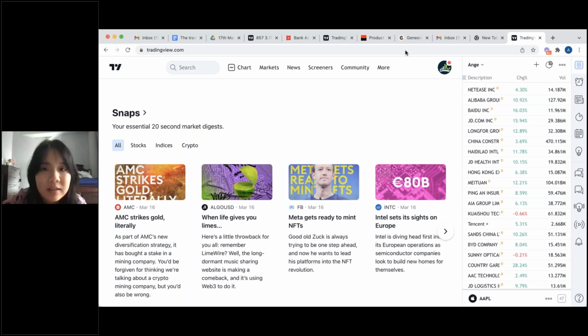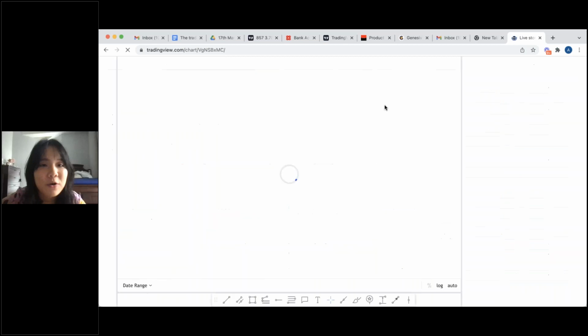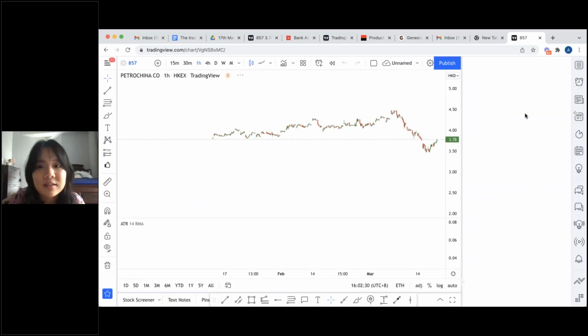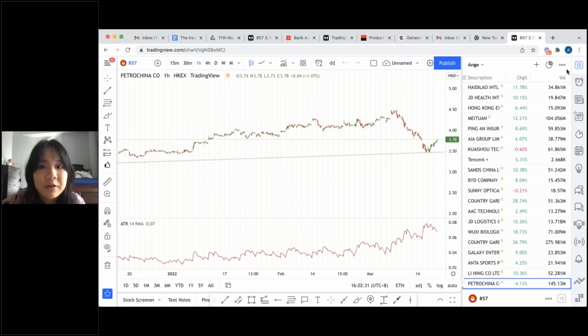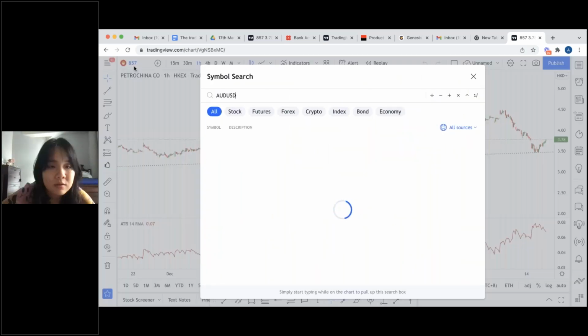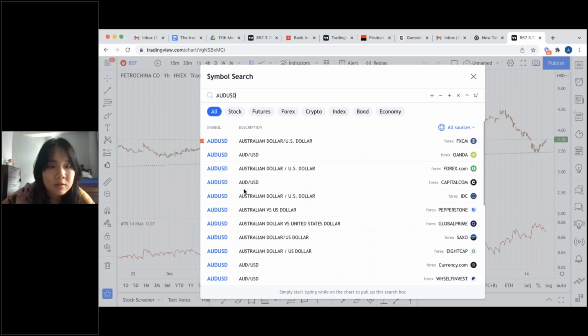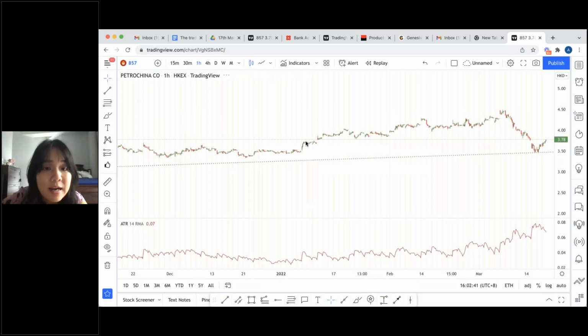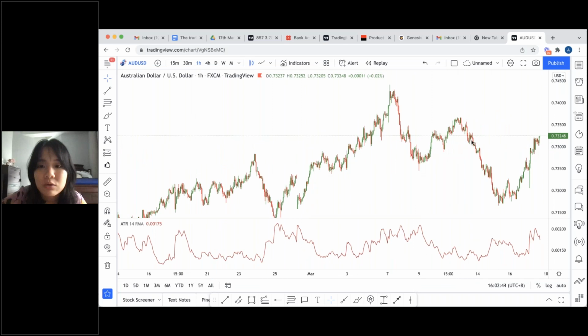Okay, Aussie USD. I see my first request for Aussie dollar. So let's check Aussie dollar together. Then if it's a nice setup, we can look at Aussie yen.